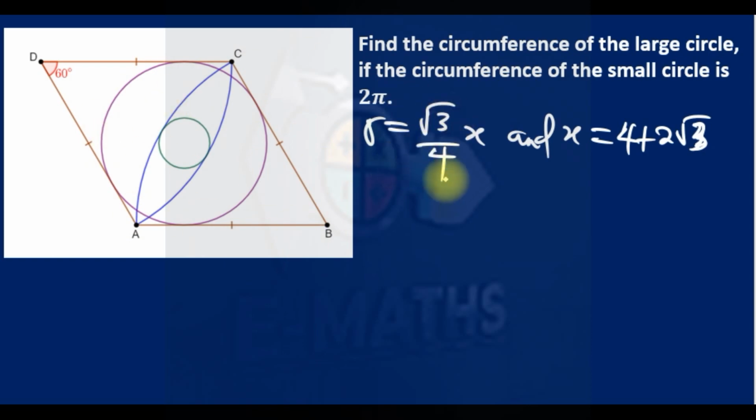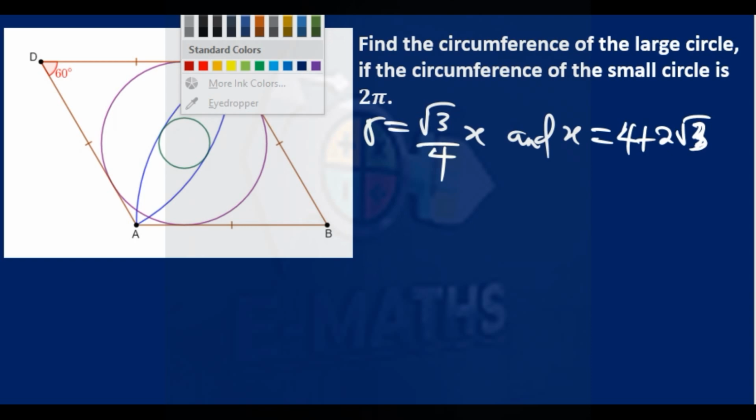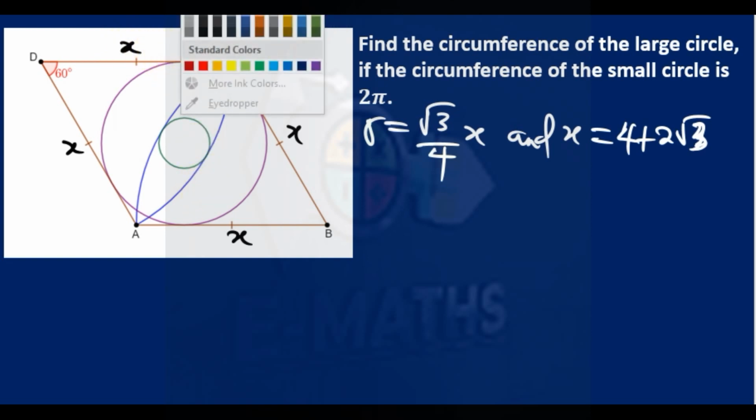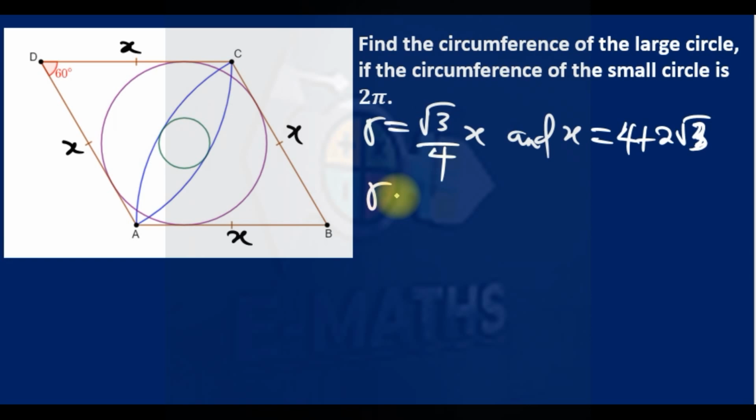The big circle is root 3 over 4 times the side, and this side is x. And therefore, our job is almost done. Therefore, the radius, because we need to know the radius before we talk about circumference. Radius is now root 3 over 4 times 4 plus 2 root 3.